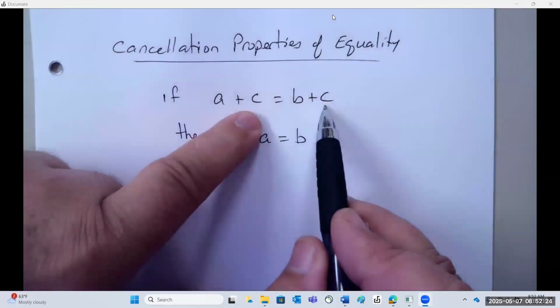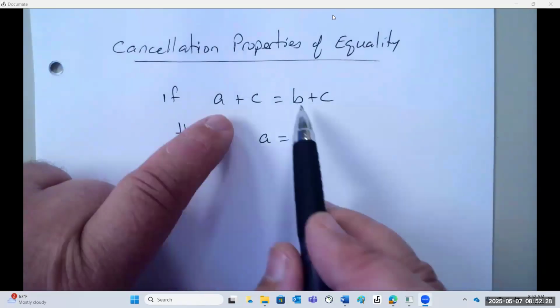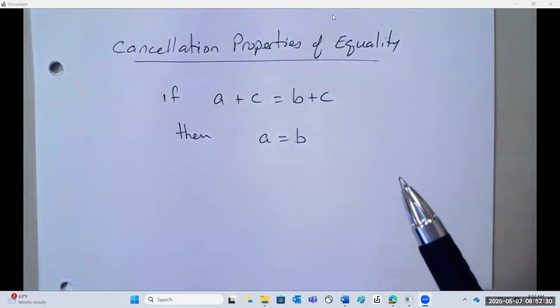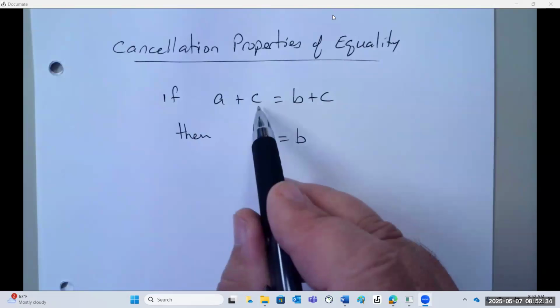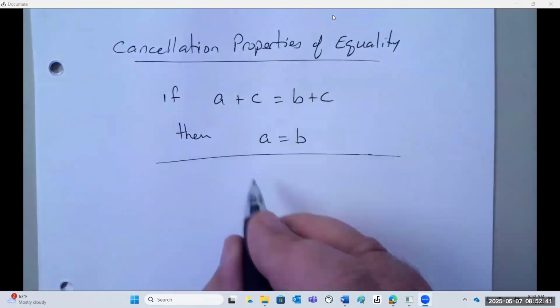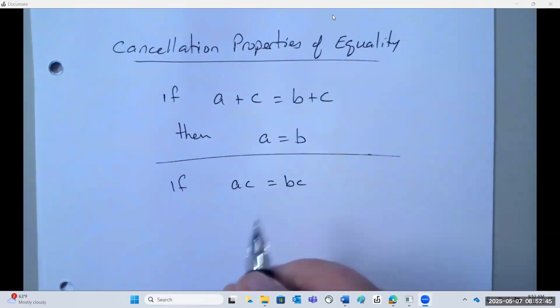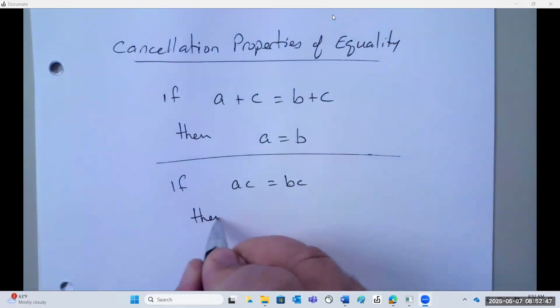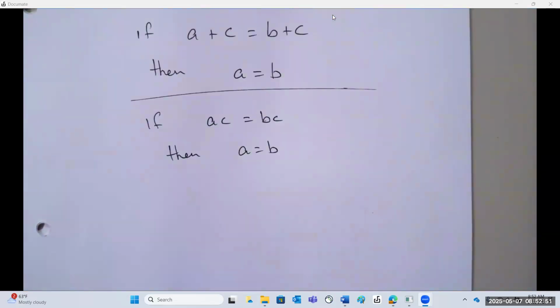Because C is the same thing as C. The only way this can be an equal sign is if A equals B. So again, how do we get A by itself? Subtract by C on both sides, and you get the same value. Same thing with the multiplication. If A times C equals B times C, then A equals B, because I divided by C on both sides.